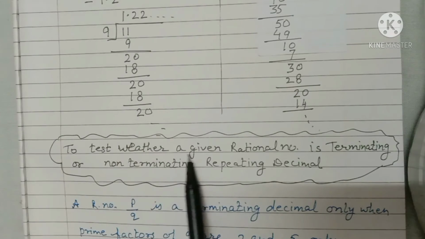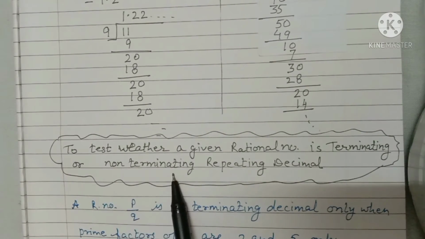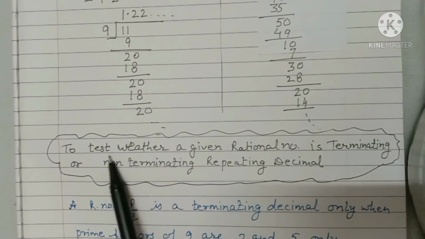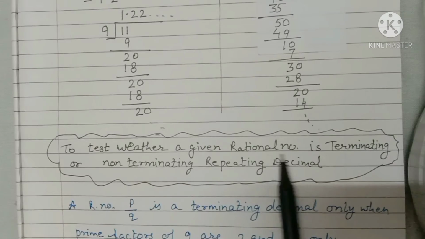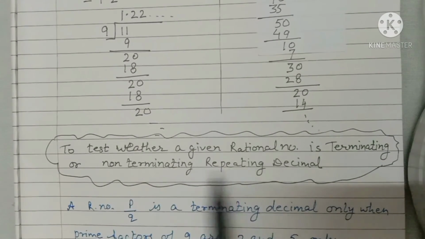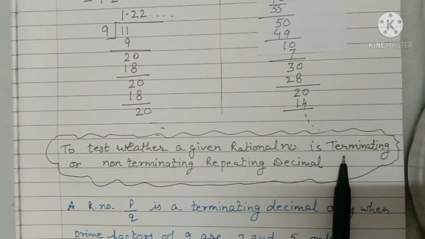Now next is to test whether a given rational number is a terminating or non-terminating repeating decimal. What we have to test is whether the rational number is terminating, or the other type, non-terminating repeating decimal. So which type will the rational number be?